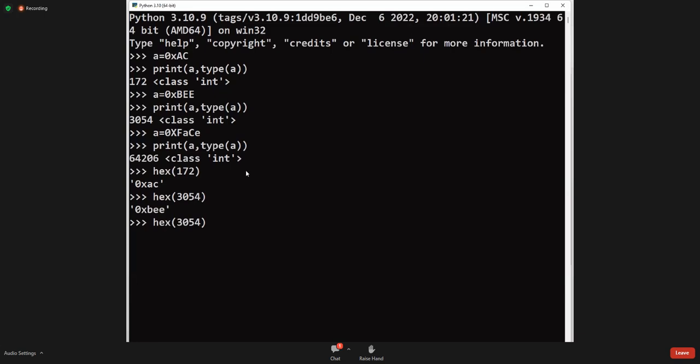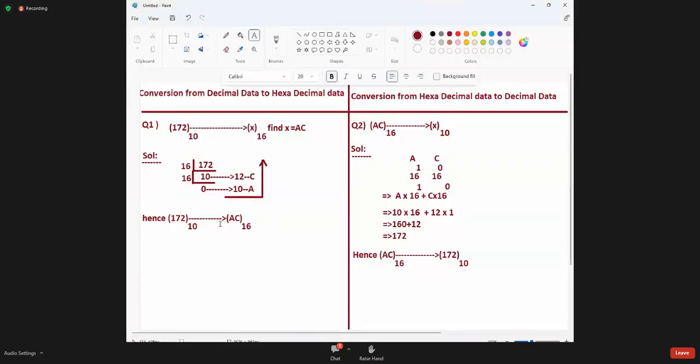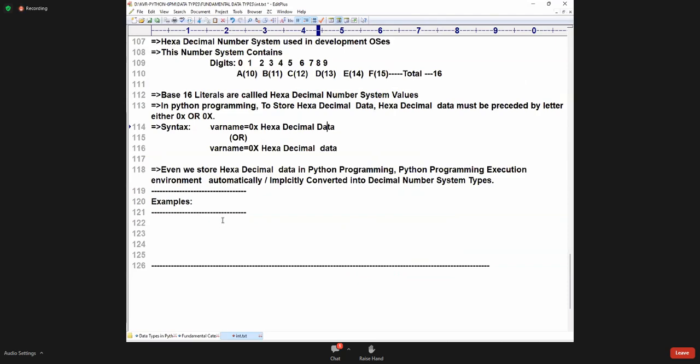Next, another value, 64206, is going to be FACE. So you are understanding: any type of data is given, mathematical representation I give, and then I give the statement related operations also.